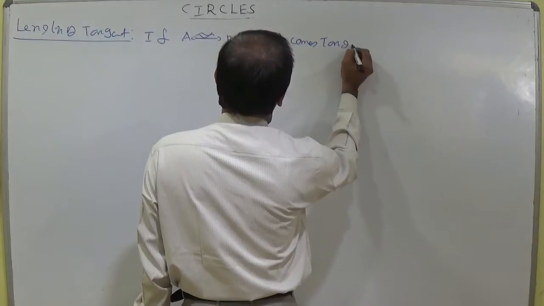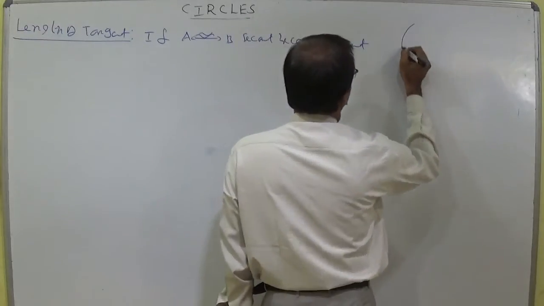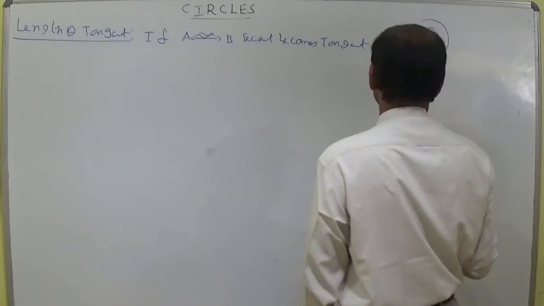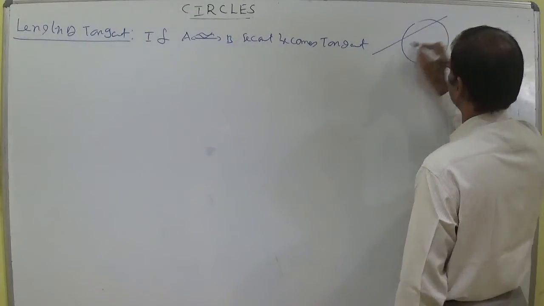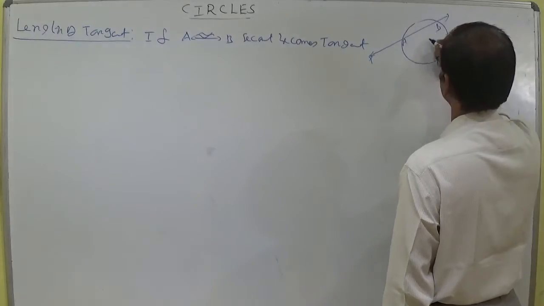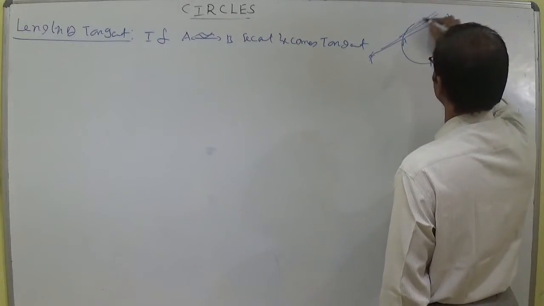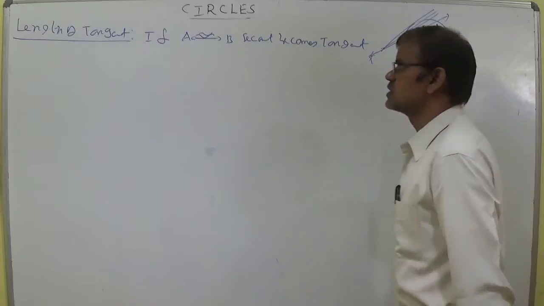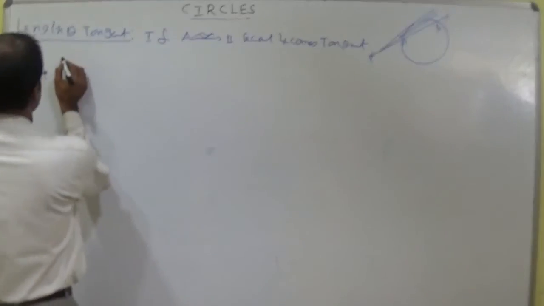Put like this, P here, A here and B here. Whenever it is approaching like this, secant becomes tangent.